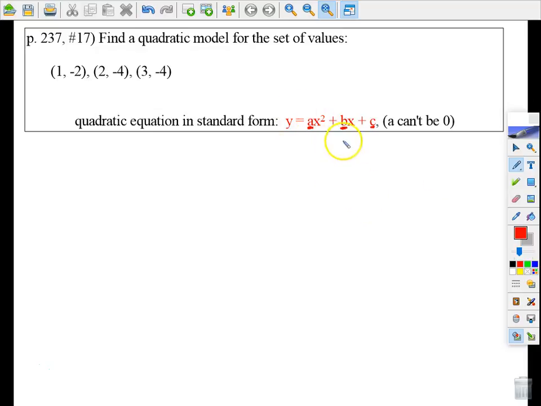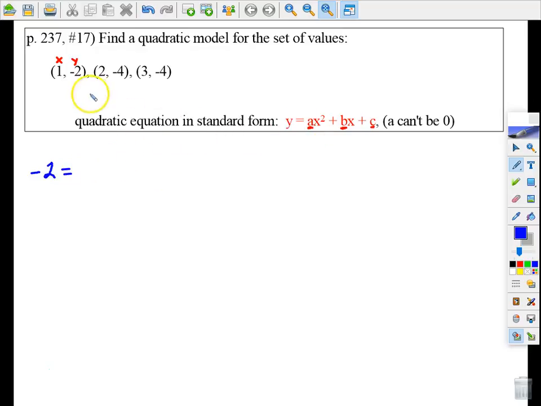So just think of this equation in standard form and take the ordered pairs that are given. Each one of these represents, of course, x and y. And we're going to substitute each one of these ordered pairs into standard form. So it looks like this. Substituting the first ordered pair, y is -2, so y is replaced with -2.